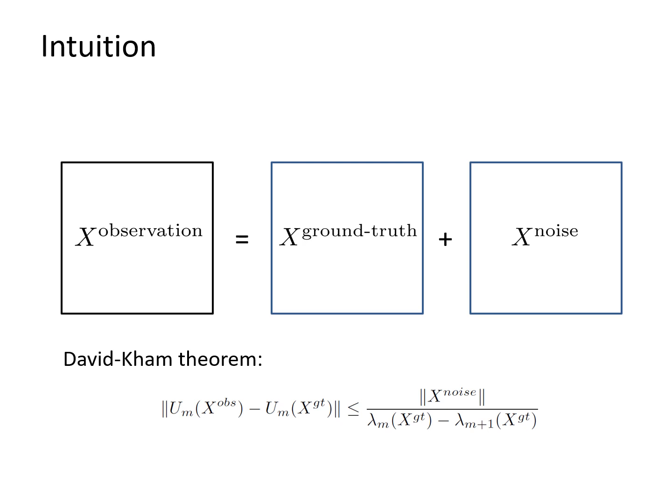in X noise. Then the Davis-Kahan theorem essentially says that the leading eigenvectors of X observation, that is what we can compute, and the leading eigenvectors of X ground truth, that is essentially what you can use to derive the correct maps, the distance between them is upper bounded by the norm of X noise divided by the spectral gap of X ground truth, right?